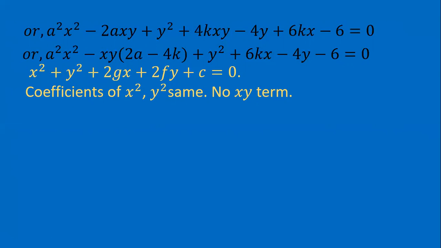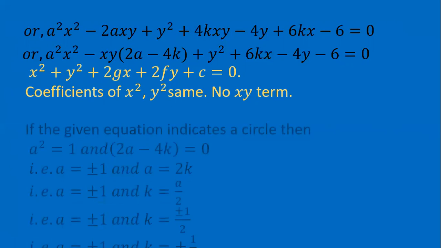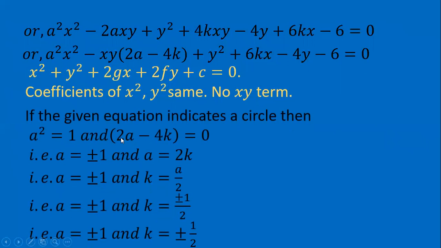That is, this term should be 0. Then there will be no xy term. So combinedly, what are the conditions? A square is equal to 1 and 2a minus 4k is equal to 0.